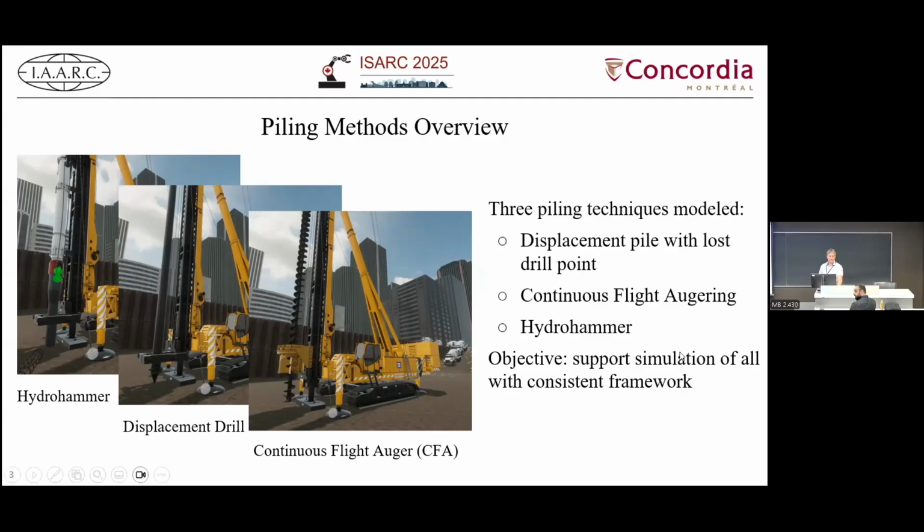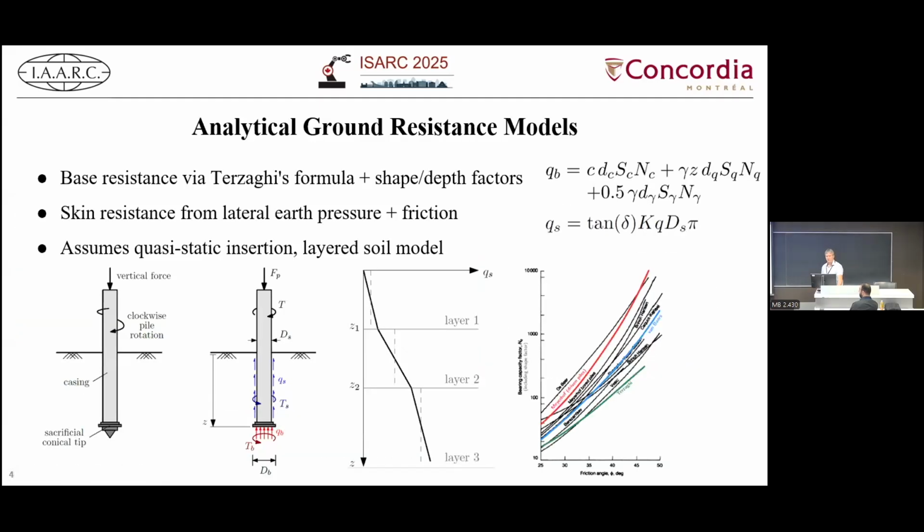So we came up with a simplified, efficient framework to model the reaction forces which are transmitted from the environment to the simulated multi-body system. I will not go into details, I will just highlight the main ideas here. The resistance of the ground was modeled using two main components: the base resistance and the skin resistance.